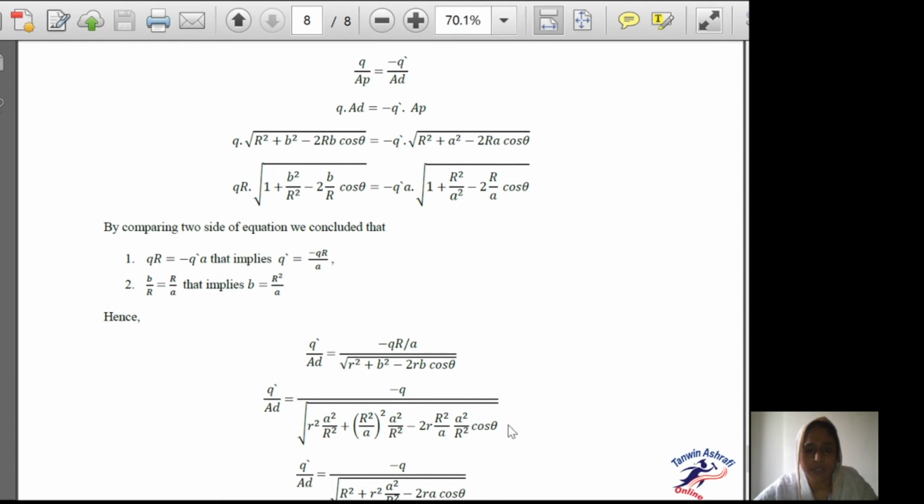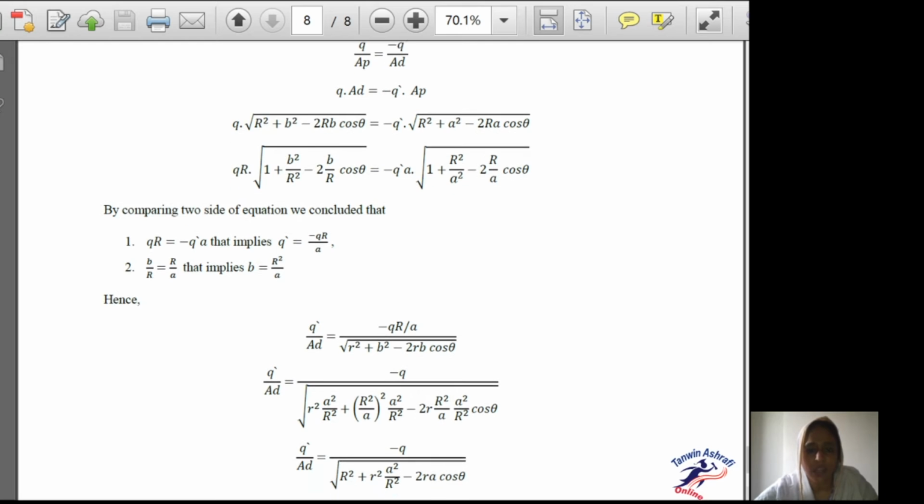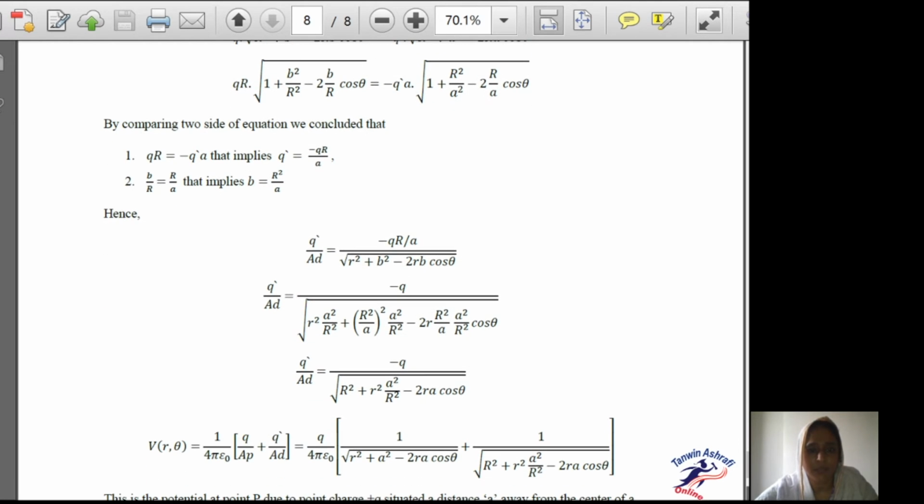What will we get? We will get this particular equation, and when we solve it completely, Q prime divided by AD is nothing but minus of Q divided by the square root of capital R square A square divided by capital R square, minus 2RA cos of theta.